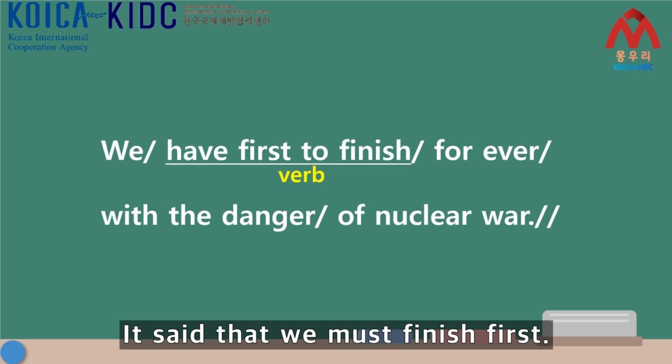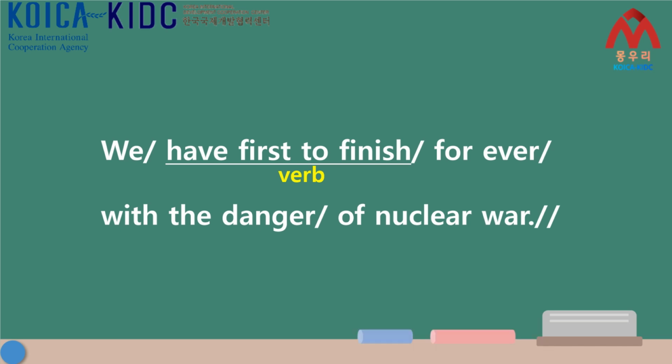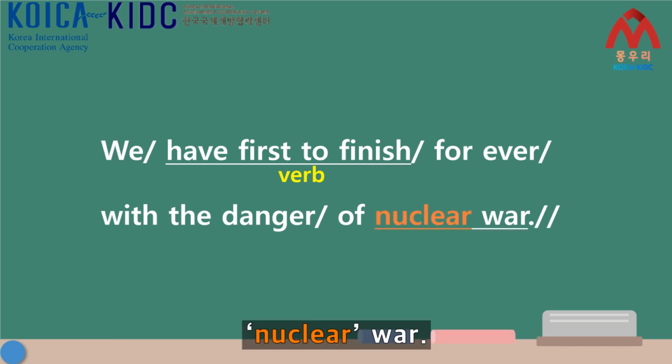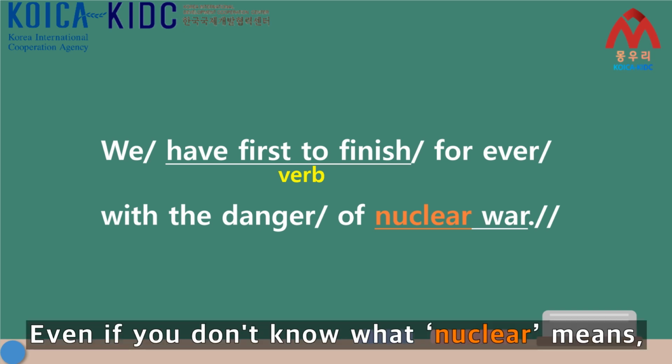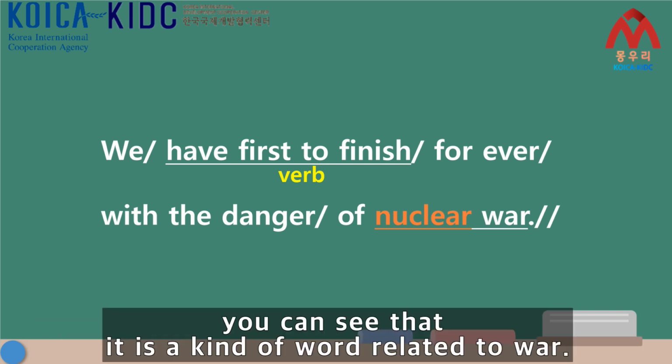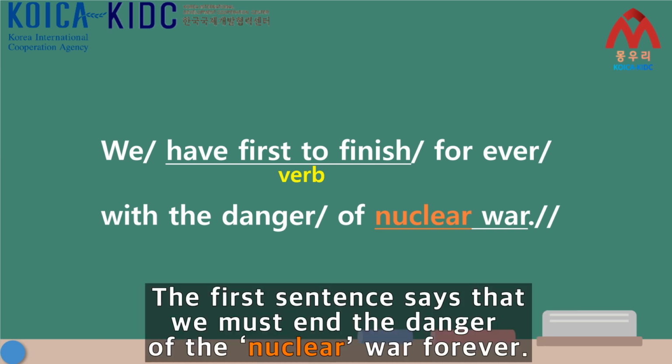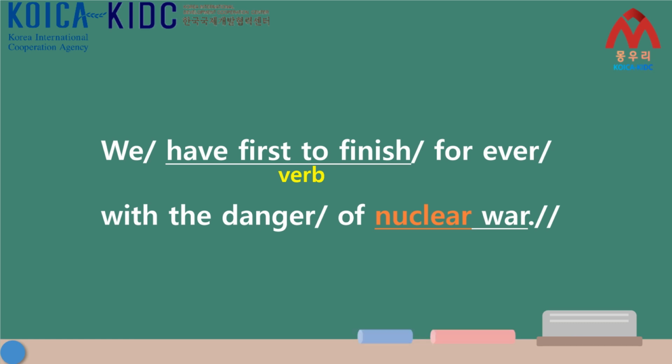It said that we must finish first. Finish what? Nuclear war. Even if you don't know what nuclear means, you can see that it is a kind of word related to war. The first sentence says that we must end the danger of the nuclear war forever.